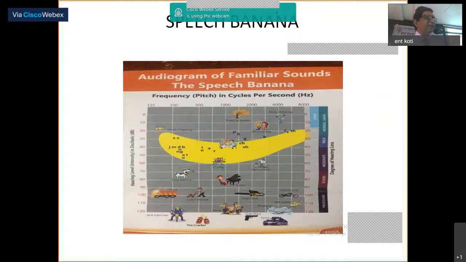Then there is what is called the speech banana, or in the morning they were asking why you are using a 512 tuning fork. The speech banana means the normal conversational voice which you use is distributed in this yellow banana type of picture.